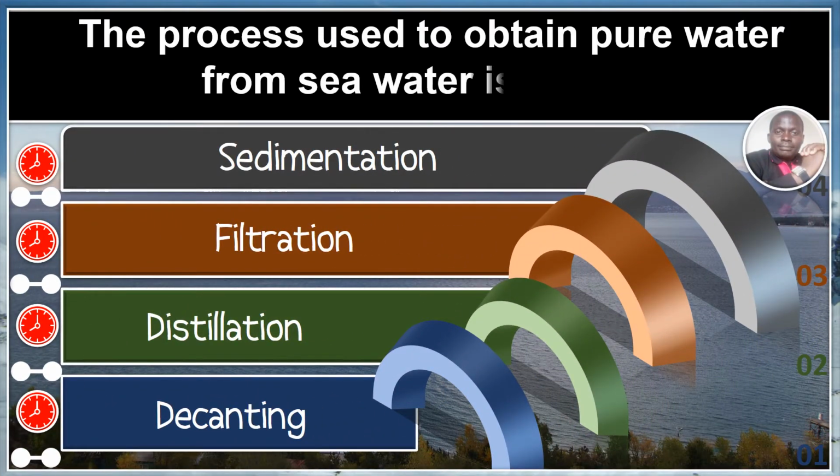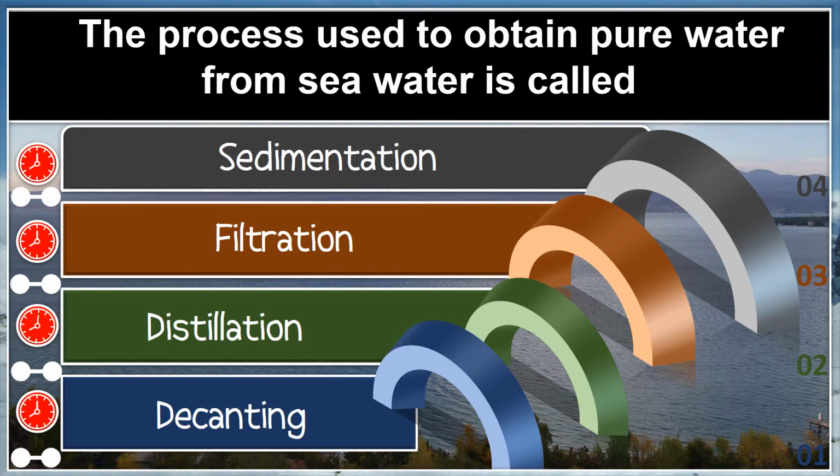The process used to obtain pure water from seawater is called distillation.